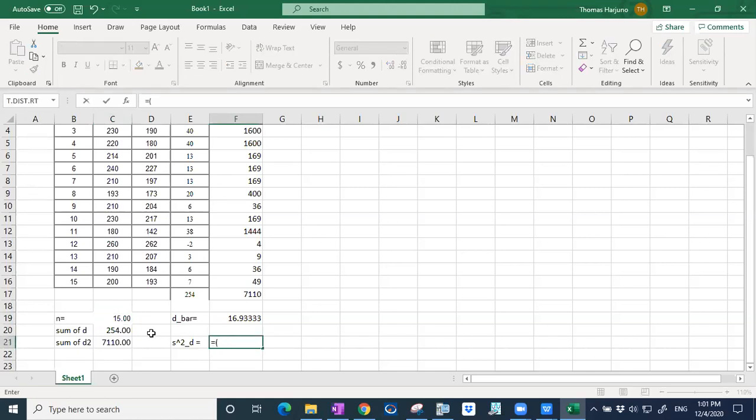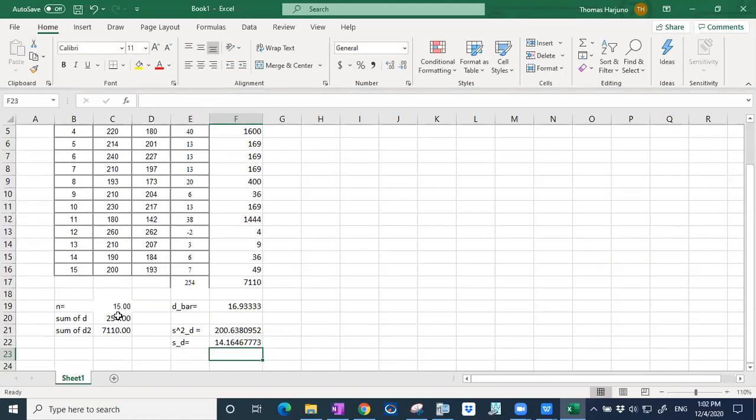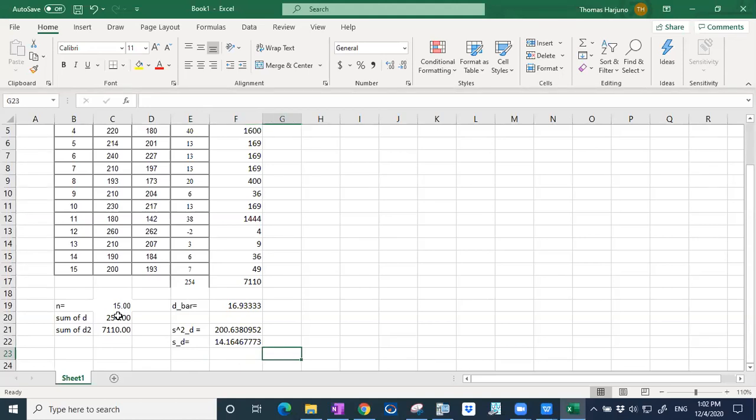Equals parentheses 15 times the sum of d squared minus the sum of d being squared, divided by parentheses the sample size times parentheses sample size minus 1. Therefore, the standard deviation of the differences will be that guy to the power of 1/2, 0.5. That's my D standard deviation.